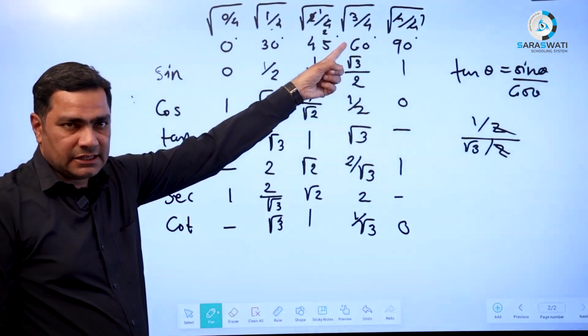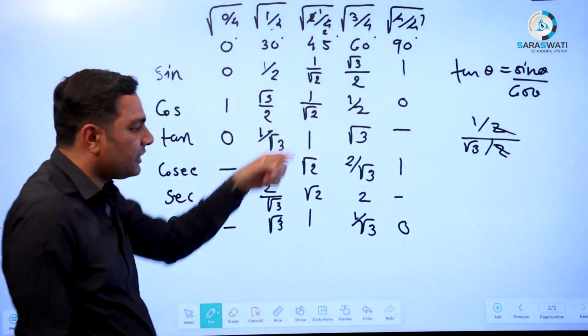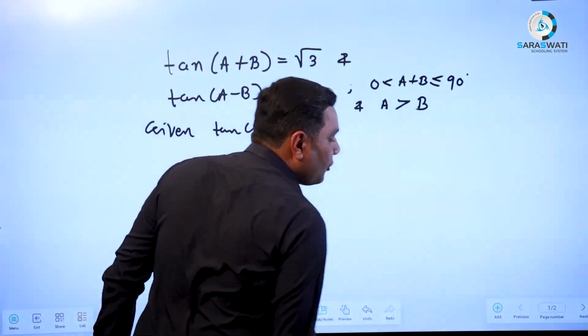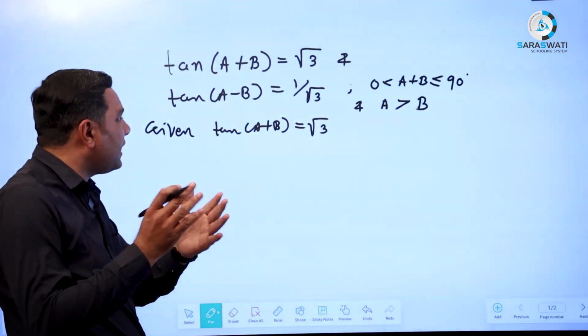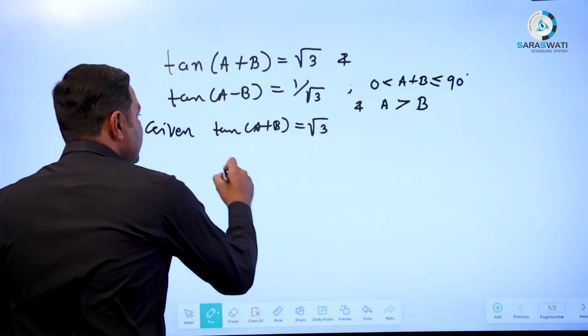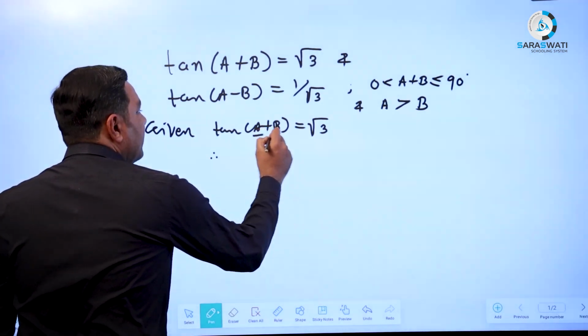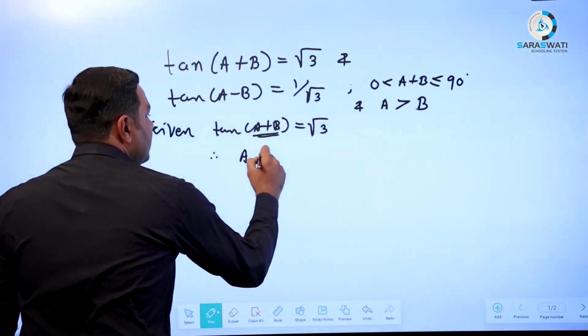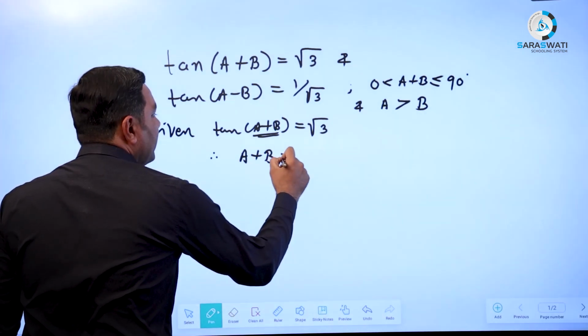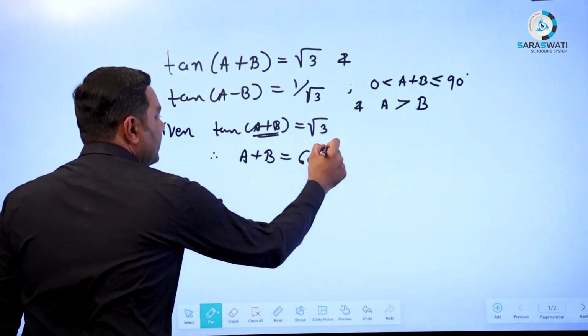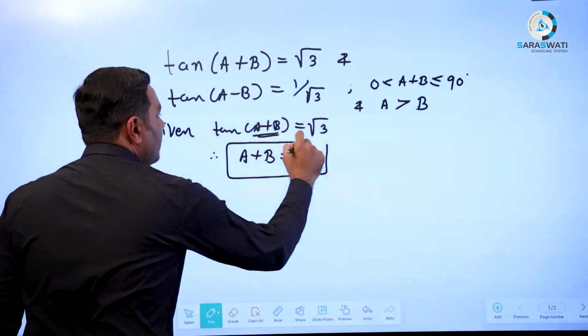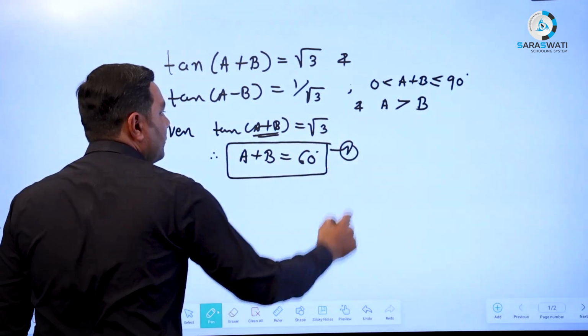At 60 degrees. So with the reference of the table only, without mugging up or doing any more effort, we simply write that angle A plus B is 60 degrees, and we will box it and give it equation number 1.